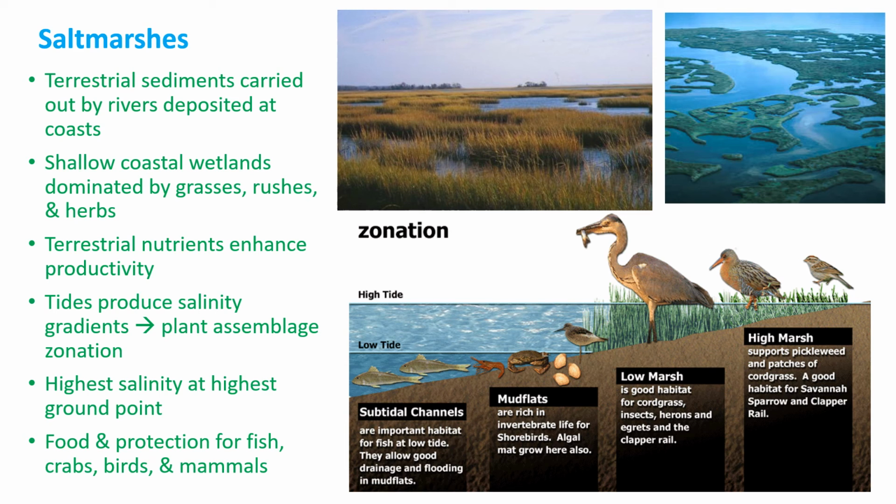But the tidal action doesn't necessarily reach the high marsh all the time. So whatever salt accumulates in the high marsh doesn't necessarily get flushed out with the tidal currents. As the high tide recedes, or as the water evaporates, salts accumulate in the soil and don't necessarily get flushed out.